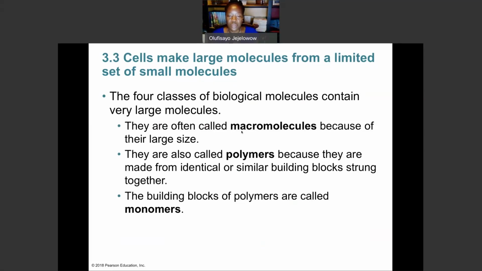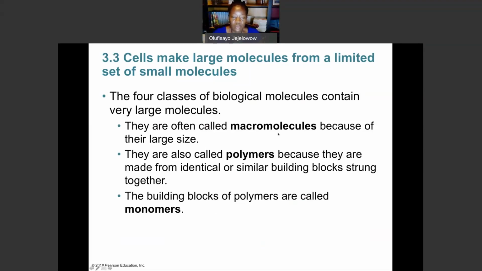Another name for macromolecules is polymers, because there's not a single element that's just large by itself, but several atoms of different elements combine to form molecules, and the more atoms that constitute that molecule, the larger that molecule will be. So that makes sense, right?